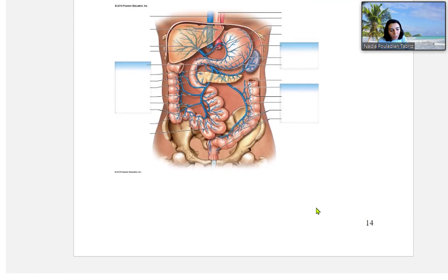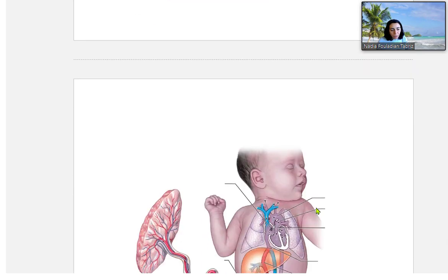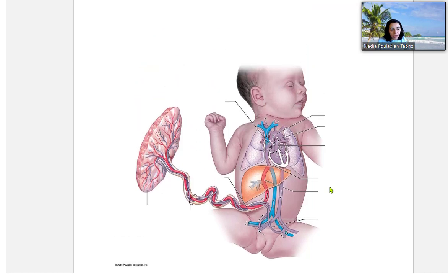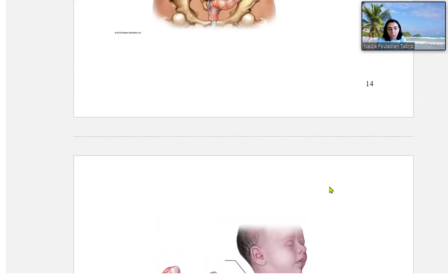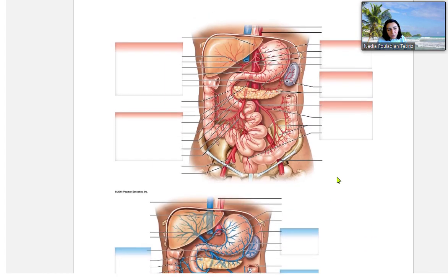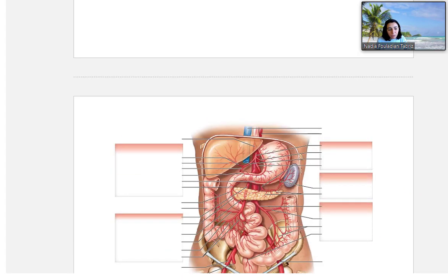So pay attention that, as I said, these are important, and also we have the fetal circulation that I explained completely in that video, so I don't want to take your time. Just pay attention that in the extra credit, this pre-lab worksheet is not mandatory, and there is no point for that because you have a pre-lab discussion.